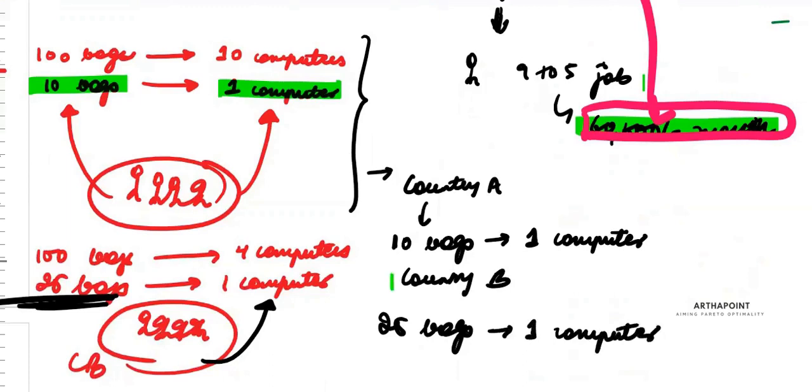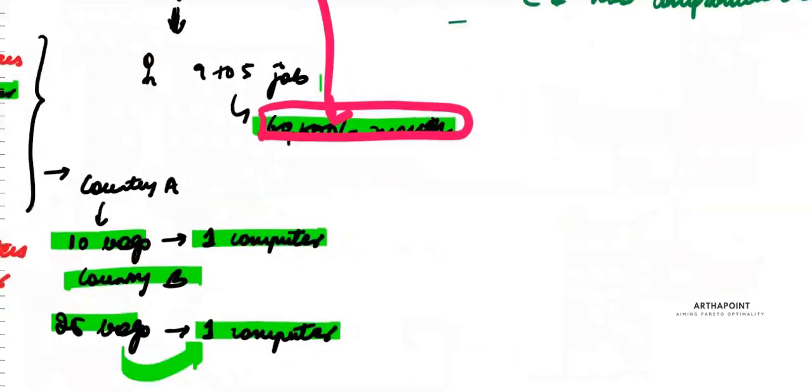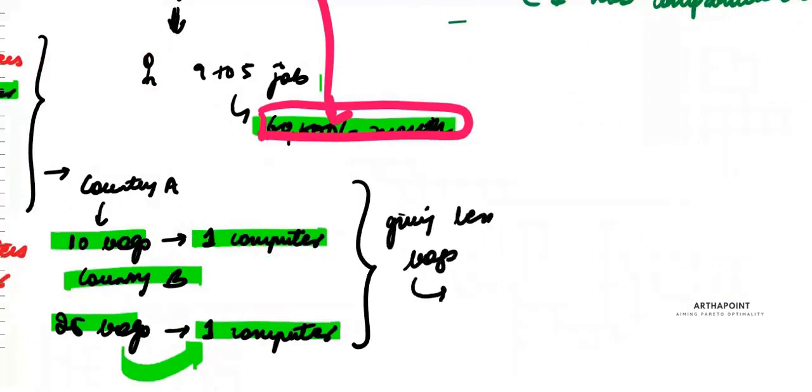So B has to give up more bags to produce the same computer. A has to give up fewer bags to produce the same computer. So because A is giving up fewer bags to produce the same 1 computer, A should be involved in producing computers.